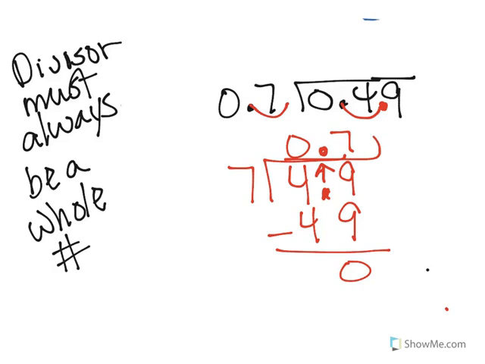My answer, quotient, is 0.7 or 7/10. Again, I can't have a decimal in my divisor, but I can have a decimal in my dividend.